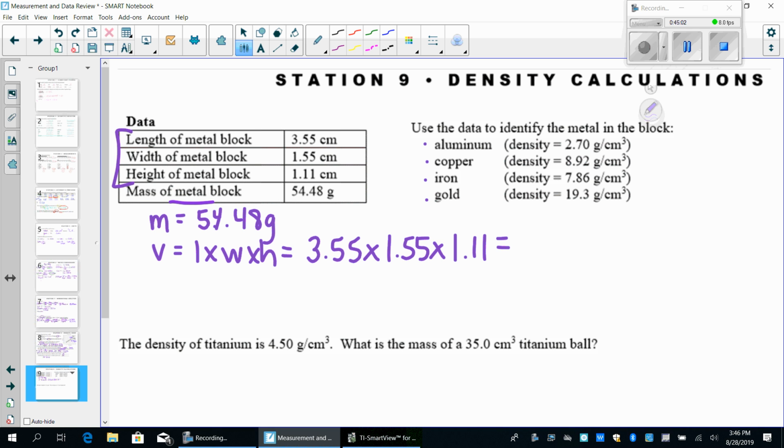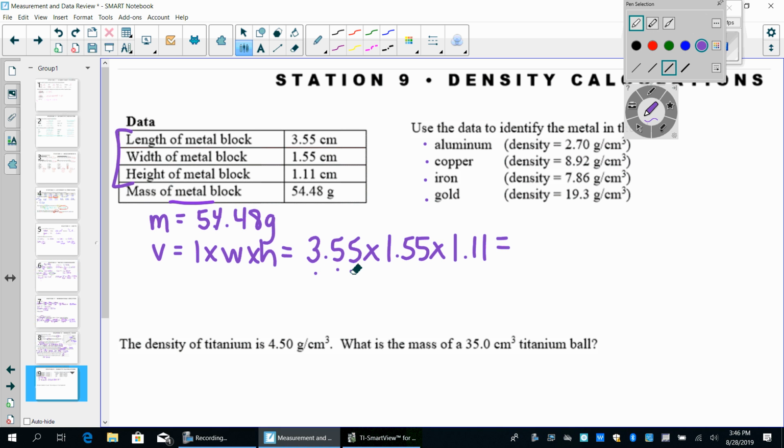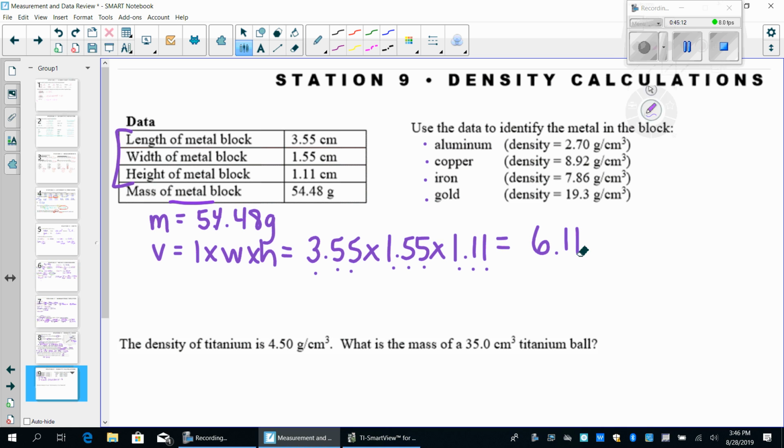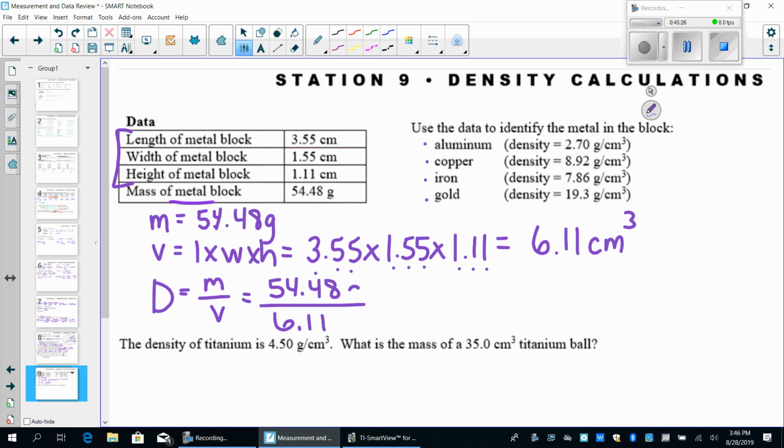Each value has 3 significant figures, so you want your answer to have 3 significant figures, so that comes out to 6.11 centimeters cubed. And so your density is mass divided by volume, which is 54.48 divided by 6.11. That's grams per centimeter cubed.